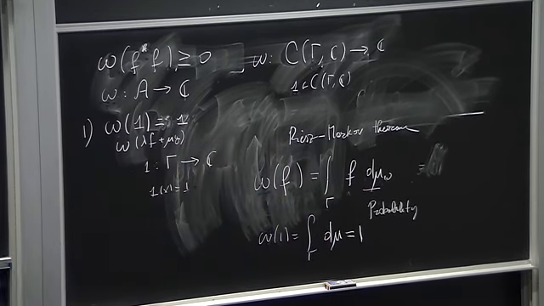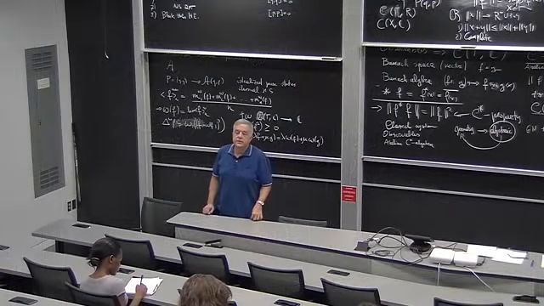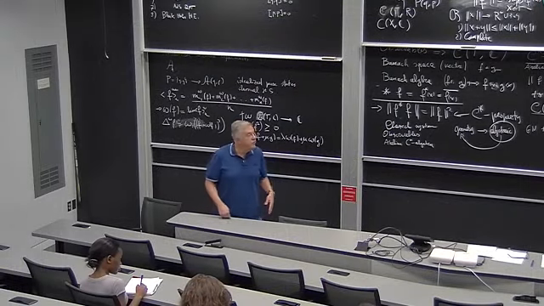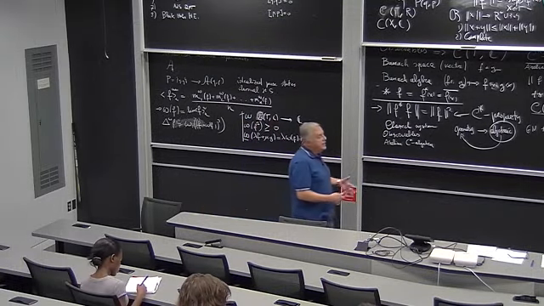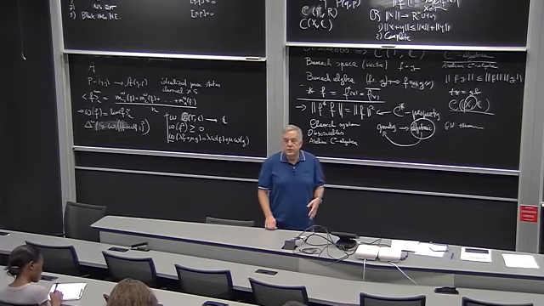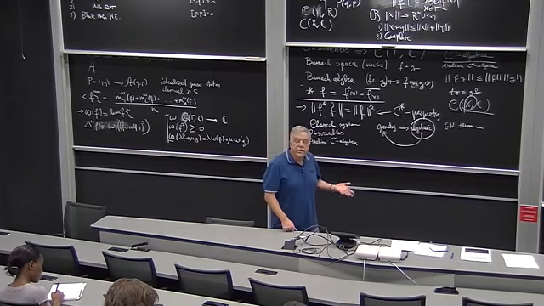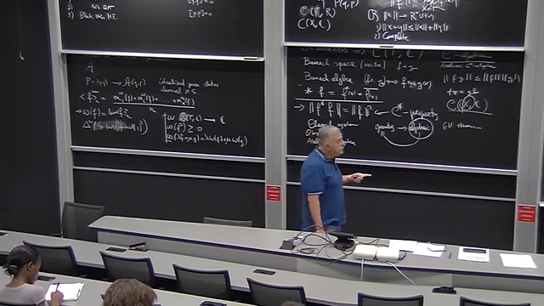This is one of the most important theorems in functional analysis. I don't give a proof of this, of course, but you can understand the content of it. And you can even construct a measure, knowing the values of omega.